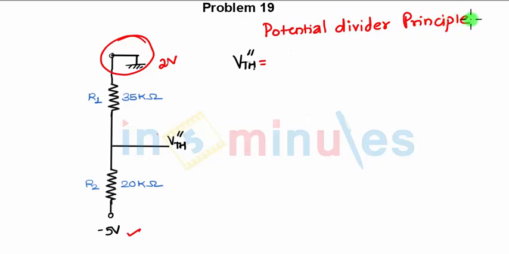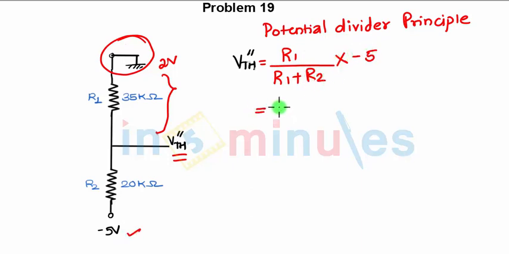Which resistance will come in the numerator? The one whose other terminal is grounded will come in the numerator. Why? Because we measure VTH always with respect to ground. So we'll have R1 upon R1 plus R2 multiplied by minus 5.